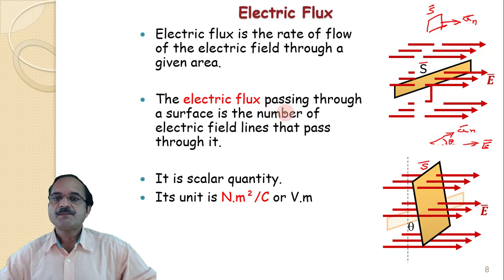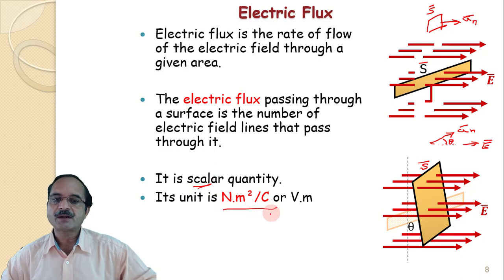So the electric flux passing through a surface is the number of electric field lines that pass through the surface, and it is a scalar quantity because it is just a number, given in Newton meter square per coulomb or volt meter.